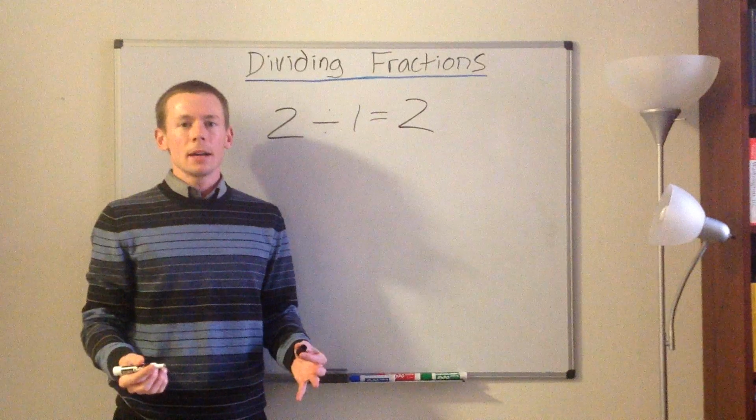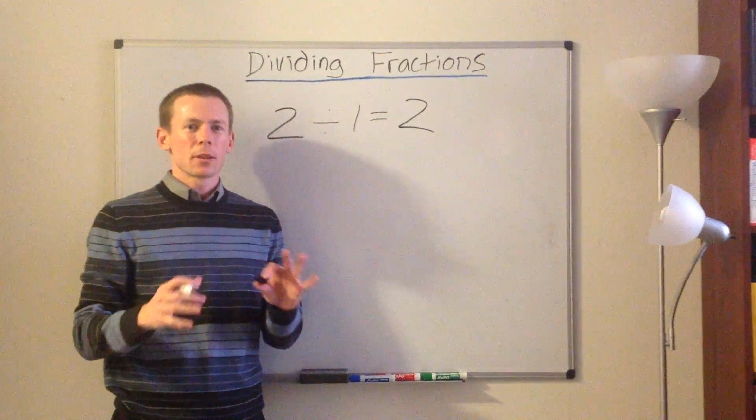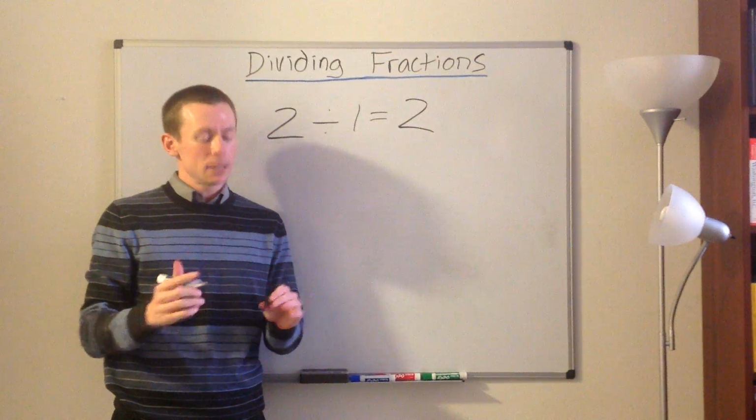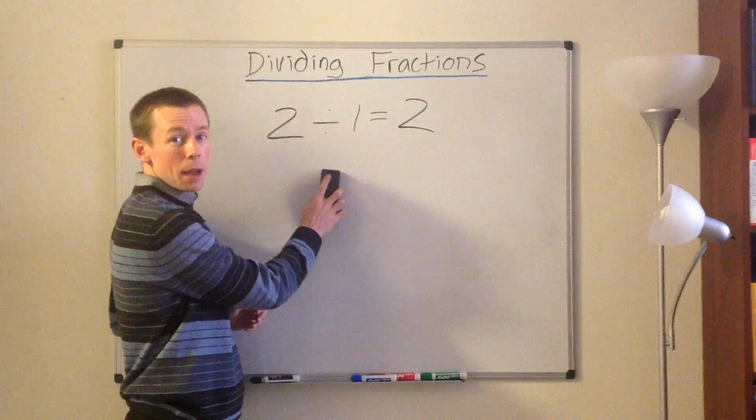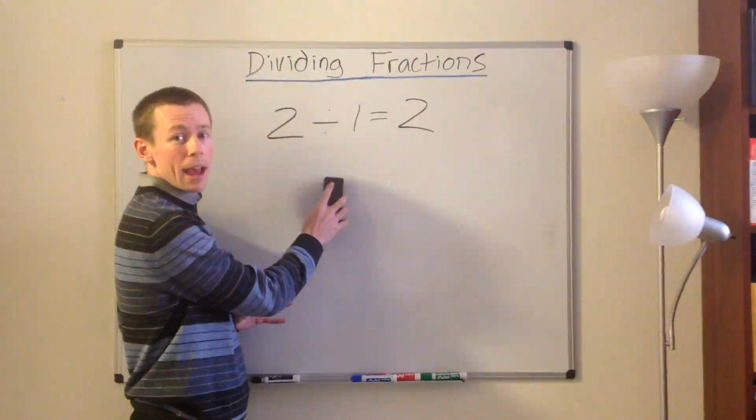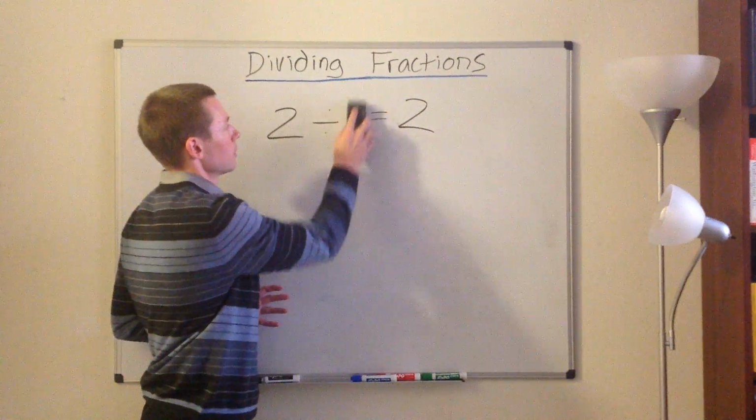It's actually the same idea with fractions. That throws people off maybe a little bit, but it's the same idea. So let's erase the divided by 1 and let's divide by half a cup and see what happens.